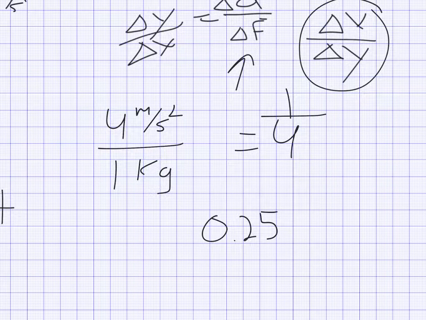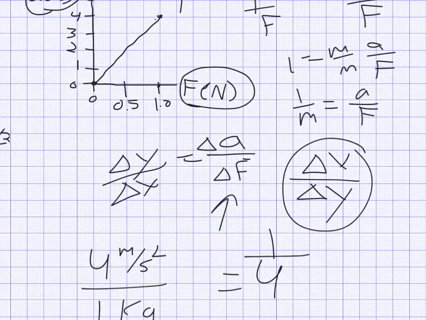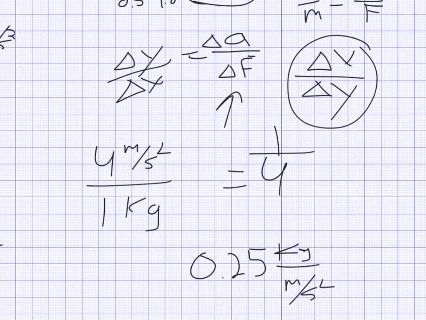And then I flip it, and so I will get kilograms on top and meter per second squared on bottom. Let me make sure I'm not messing that up. I am messing that up. It shouldn't be kilograms. It should be newtons.